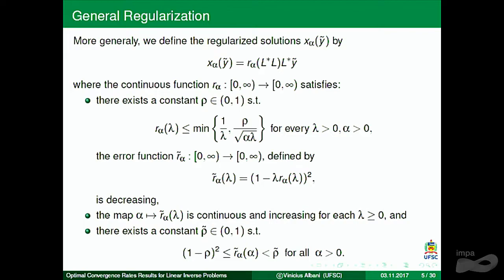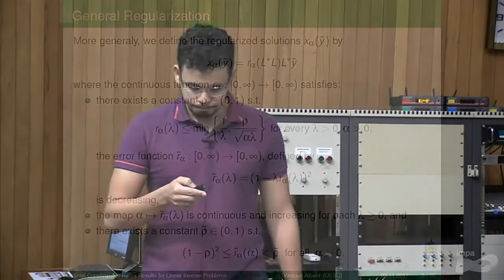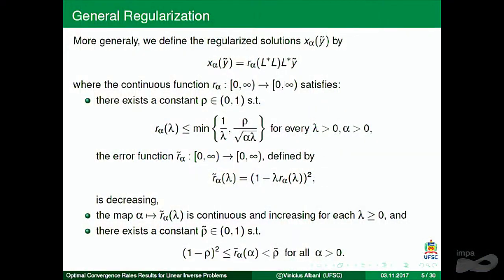We also define this error function R tilde alpha, which measures the distance between your regularization operator and the identity. This error function satisfies these 2 estimates.